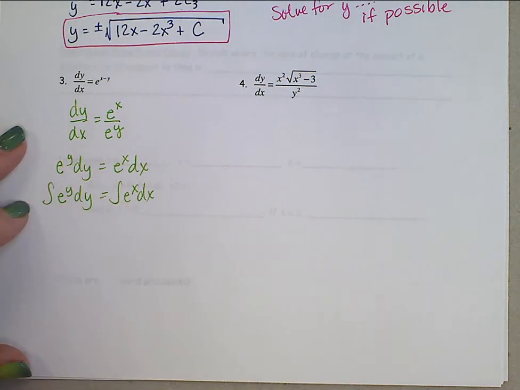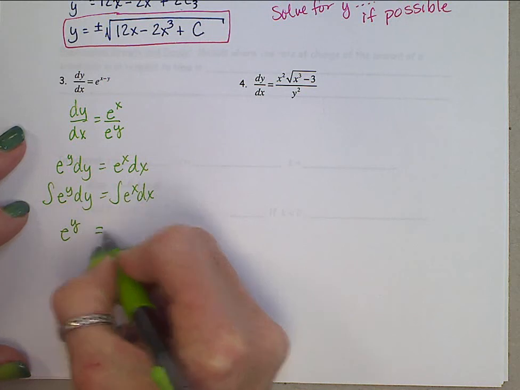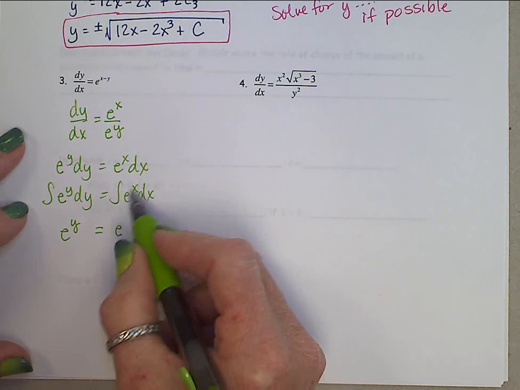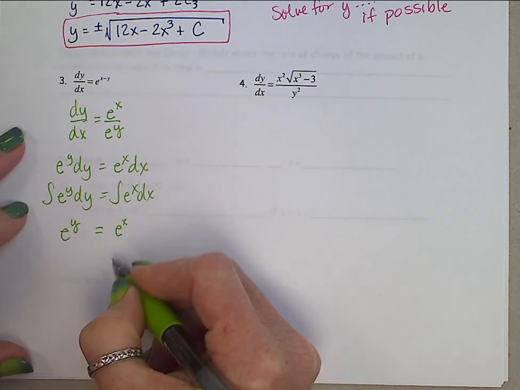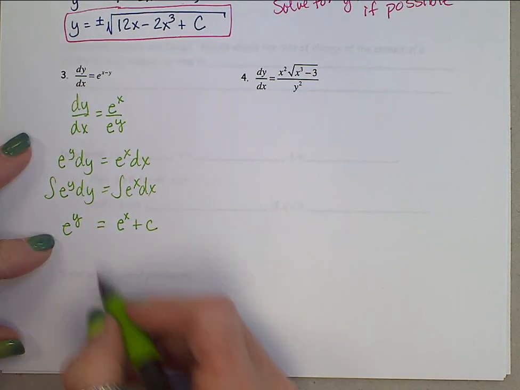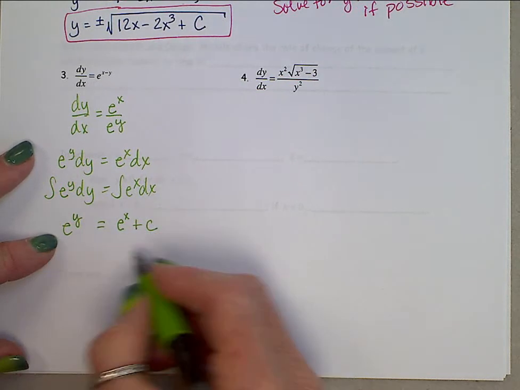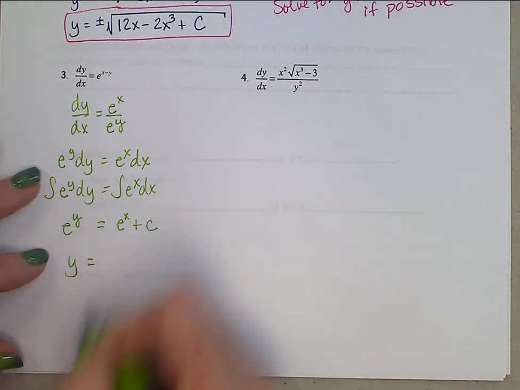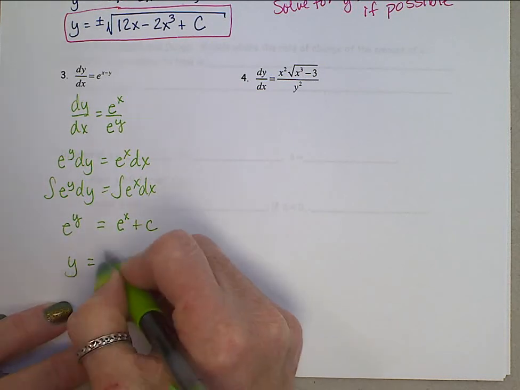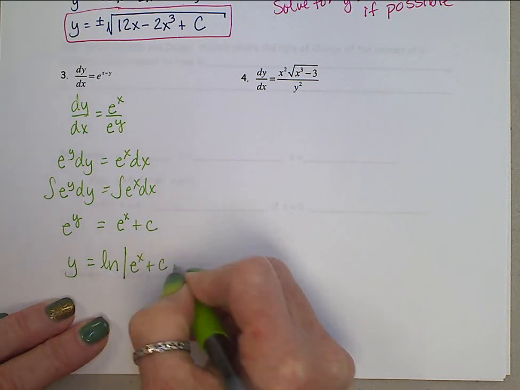An antiderivative of e to the y dy is e to the y plus a c. But remember, we're going to hold that plus c to the other side. And the antiderivative of e to the x dx is e to the x plus a c. Now we can in fact solve for y, and we could just take the natural log of both sides, or rewrite this exponential equation into logarithmic form. And we have y equals the natural log of the absolute value of e to the x plus c.